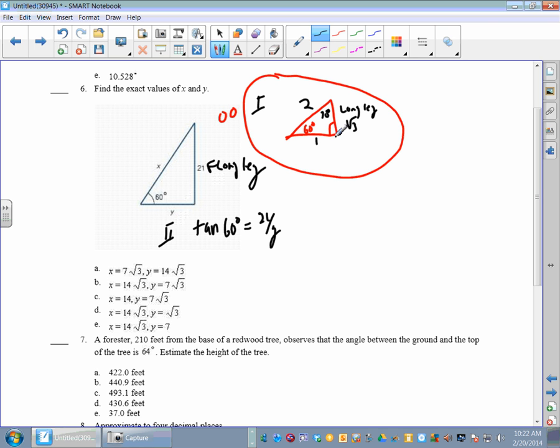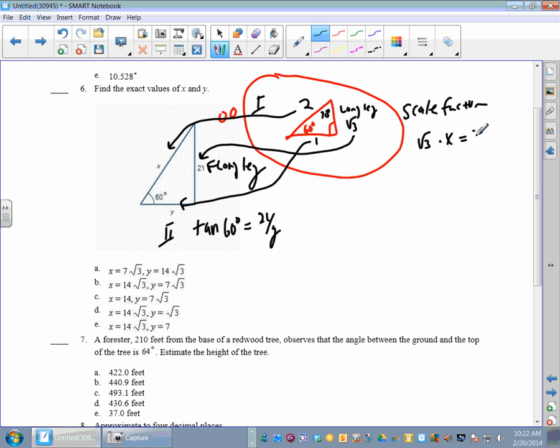If you're going to use your reference triangles, you have to find your scale factor. What do you multiply this long leg by to get 21? Whatever that number is, you multiply 2 by that same number, and you multiply 1 by that same number. So what's the scale factor? What are you multiplying by? So √3 times what equals 21?